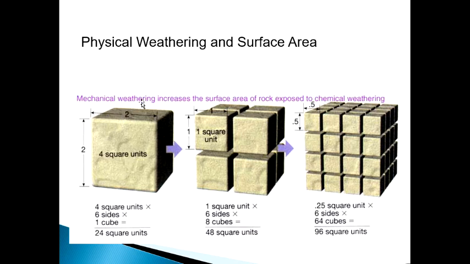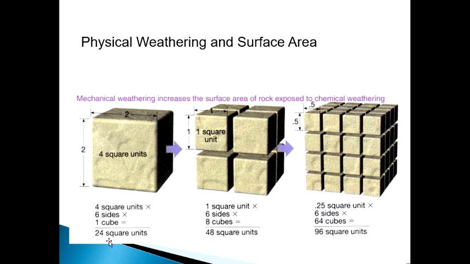Well, if you take a big sledgehammer to it and bust it up, and miraculously it breaks into these 8 little cubes, notice it's the same thing. It's the same rock. It's made of the same thing, but you have broken it. You've taken this big clast and made it into a bunch of smaller clasts. And you can bust it again with that sledgehammer and make a whole bunch more.